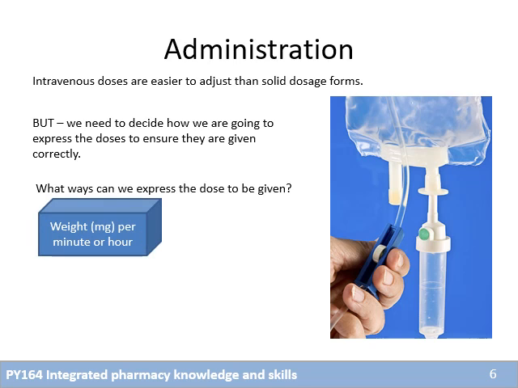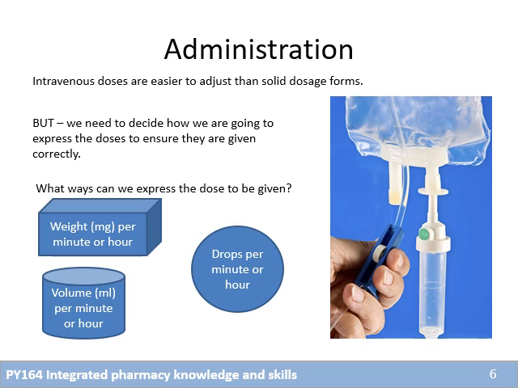So we think about the way that the dose to be given can be expressed. It might be the number of milligrams per minute or per hour, because remember, intravenous drugs are usually given by continuous infusion over a period of time. We might be talking about how much volume we're giving per minute or hour, and again this needs us to know what the concentration of drug is for it to be meaningful.